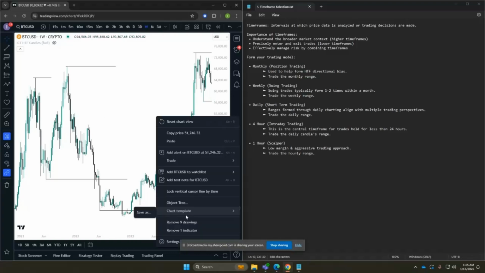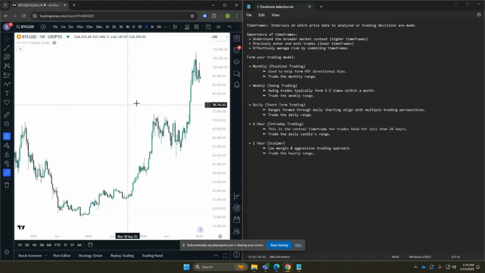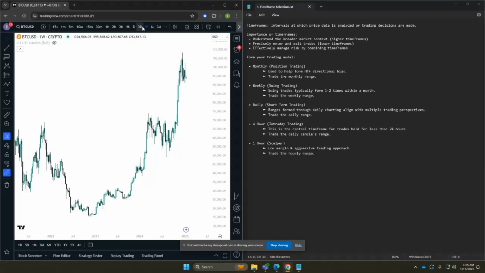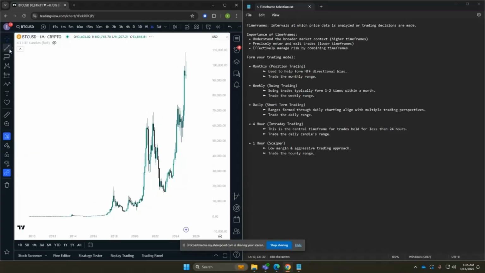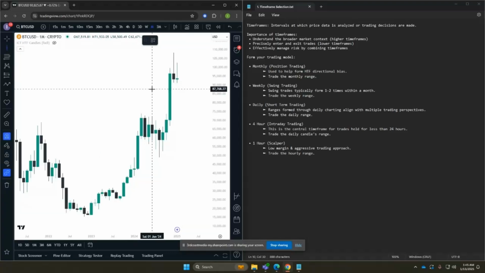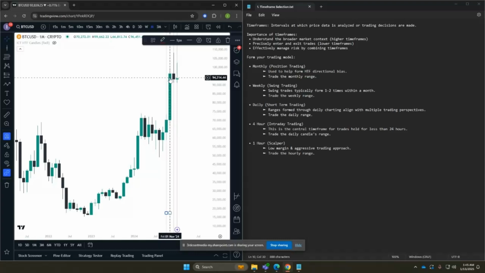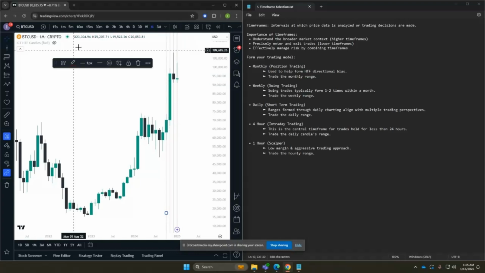So if we were to remove all of the drawings, if we were to look at the month, and if we were to say this month to this month to this month, and let's mark this month too. This is all 1 month per candle. We're on the 1 month chart.